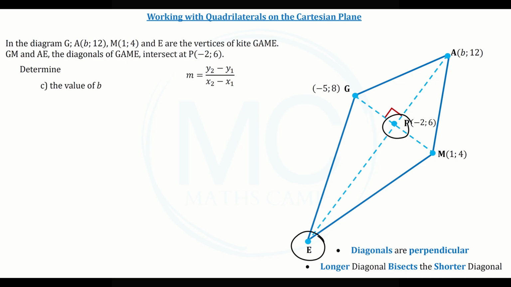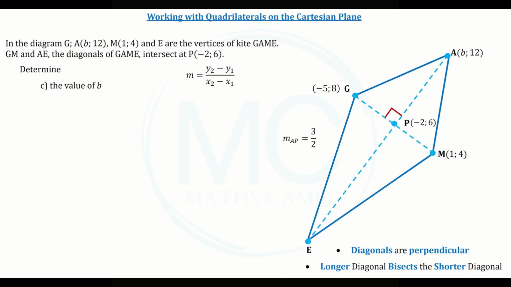In part B, we have just found the gradient of AE is 3 over 2. If points A, P, E are collinear, then AP has the same gradient. And we can make a note of this over here. The gradient of AP is also 3 over 2.